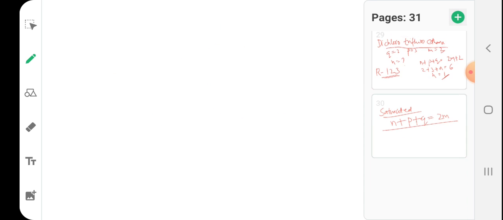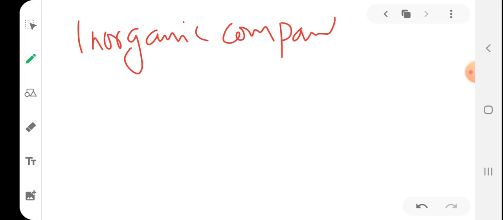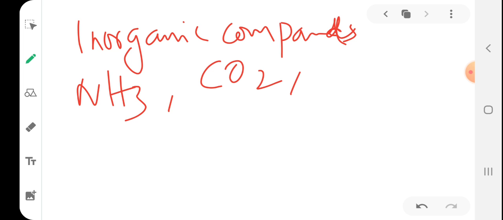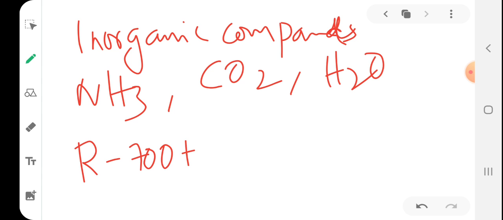And in case of inorganic compounds like ammonia and all, inorganic compounds means compounds which don't have carbon. So like NH3, and CO2 is also considered as an inorganic compound, and water. For designation of these inorganic compounds, it should be R700 plus the molecular weight of the compound.